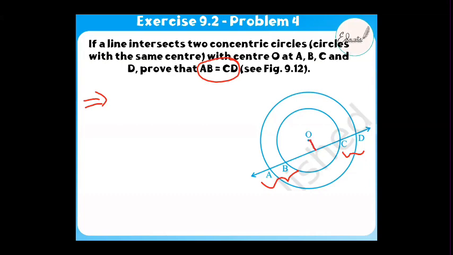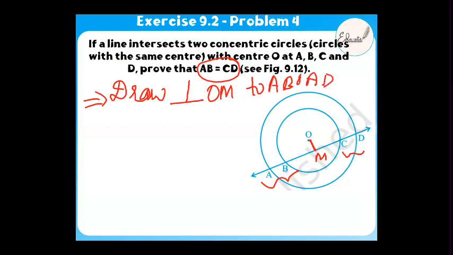So let's draw a perpendicular OM. Fine. Laiba, draw a perpendicular OM to AB or AD, same, right? Both lines are the same. Okay. So the first thing, what will OM do, beta? Does it bisect both of them? Yes. OM bisects, from theorem 3, right?